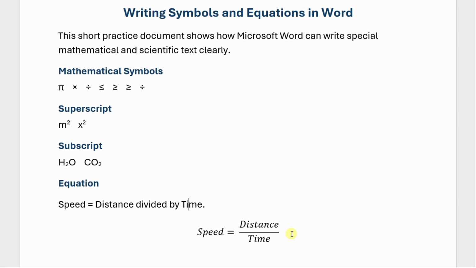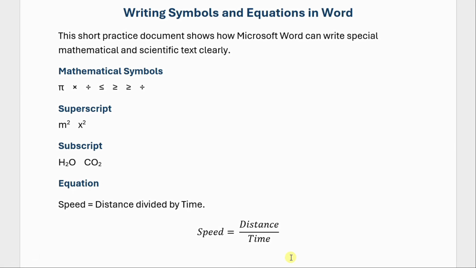Now equations help us express relationships clearly. You don't need to fear equations. Word is simply helping you write them in a better form. So in this section, we learned how to insert mathematical symbols, use superscript, use subscript, and write simple equations.